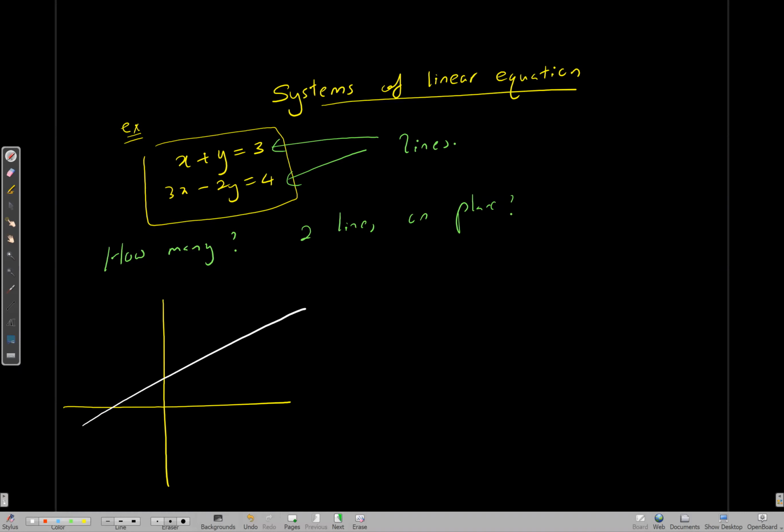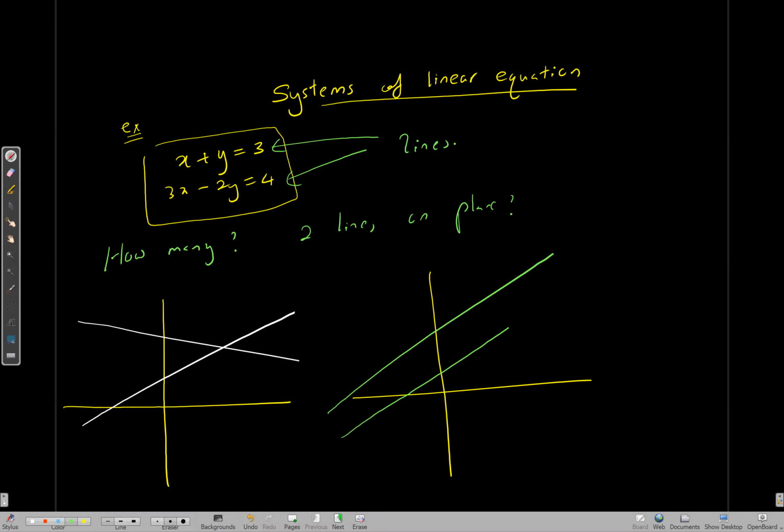See, for example, it can be something like that. That means they intersect, right? There is a chance that they might intersect. Or it may be the case like this. They will never intersect. They are parallel. So in this first case, they intersect. And in this case, they are parallel.